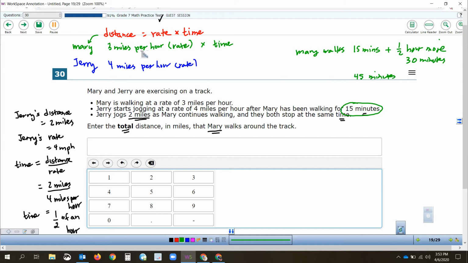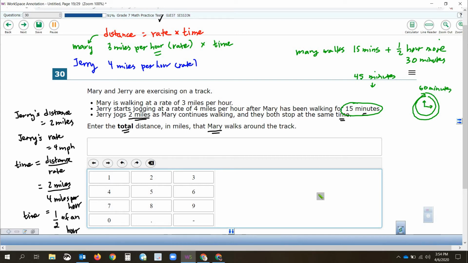But her rate is 3 miles per what? Hour. So we need to change 45 minutes to what part of an hour? I know that we don't use traditional clocks nearly as much as we used to. But when you work your way all the way around a traditional clock, you go 1 hour, right? And 1 hour is 60 minutes.